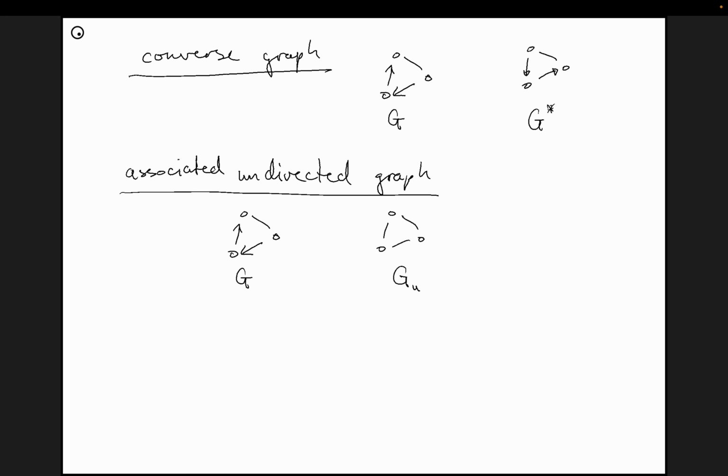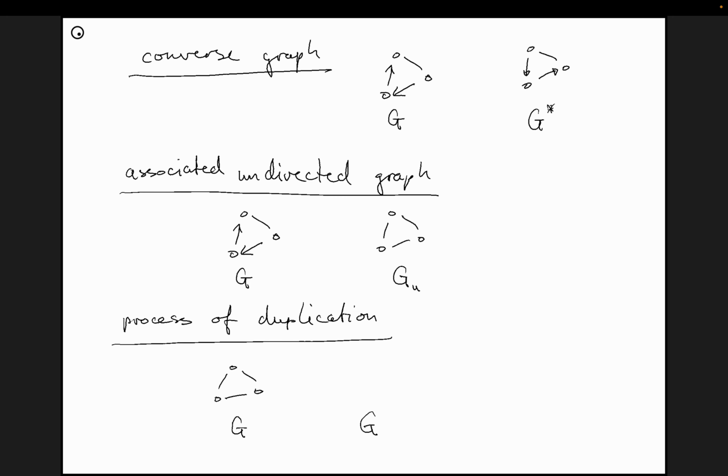And then we also have the process of duplication. So what is the process of duplication? Well, if I have this graph right here, I can get G_D, D for duplication.